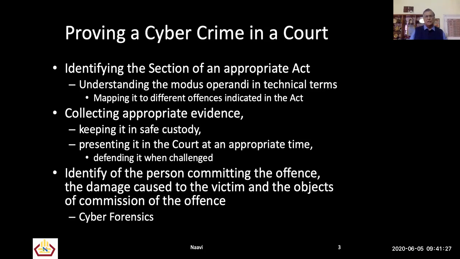For this purpose, that is for identifying which section of the Information Technology Act is applicable, one has to understand the modus operandi of a crime in technical terms first, and then convert each step in these technical terms and map it to different sections of the legislation, and say this particular incident relates to section 66, 67, 68 or whatever is there in the Information Technology Act.